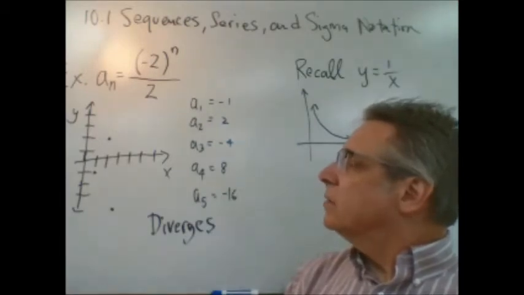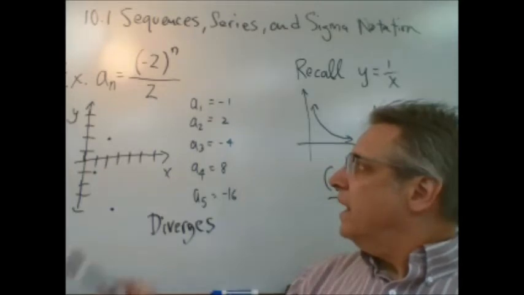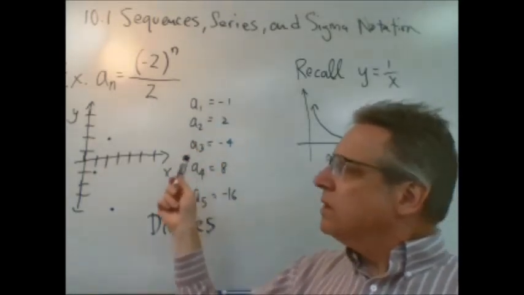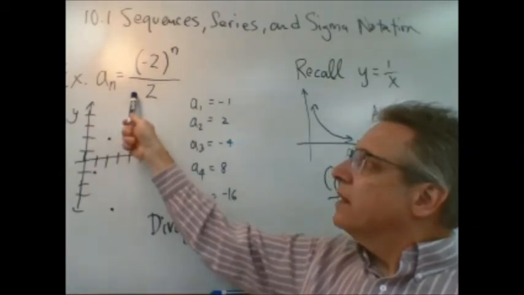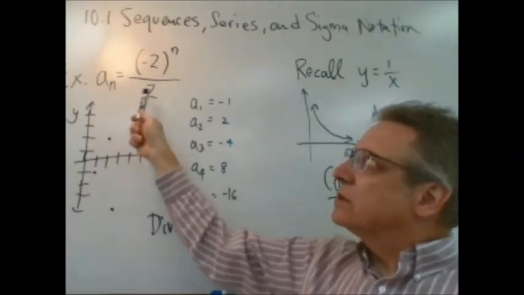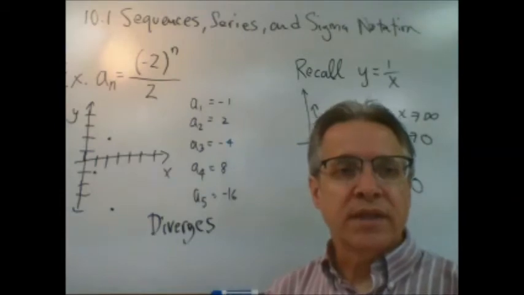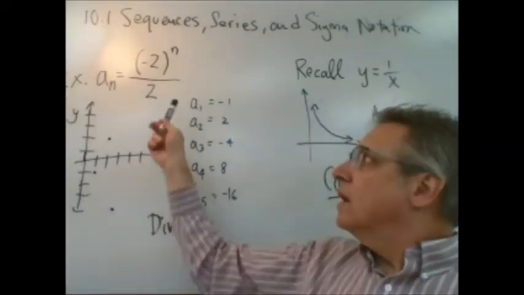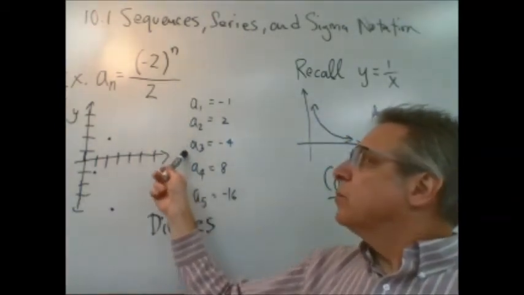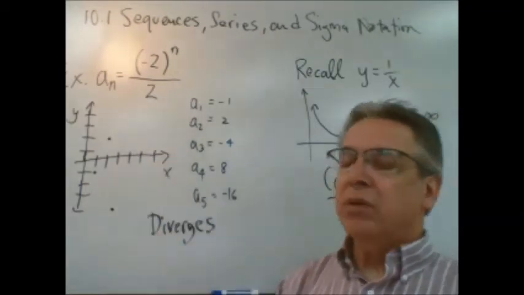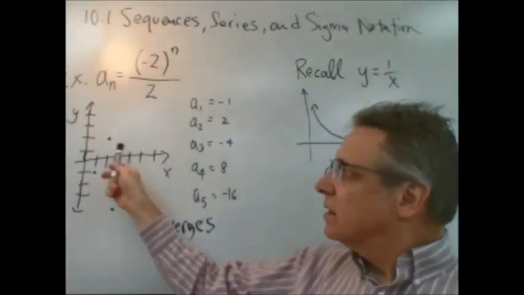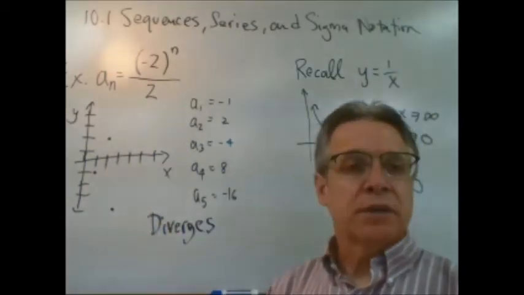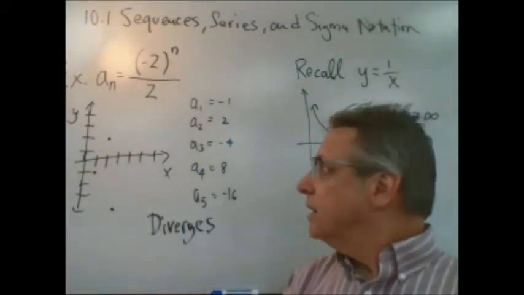a sub n equals negative 2 raised to the nth power over 2. And what they want us to do here when we get an equation like this, which isn't really an equation, it's the way the sequence is stated, they want us to actually go ahead and plot out the first so many terms and take a look at what the graph looks like to see if it's converging or diverging.